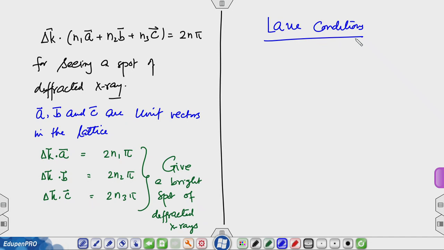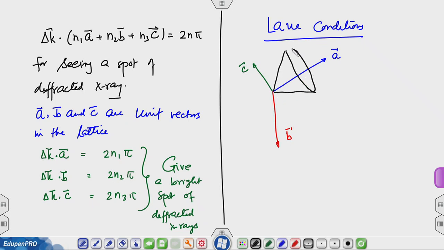What it means is, if I have lattice vector a, lattice vector b and lattice vector c, the condition that delta k dot a is 2 n1 pi is nothing but that delta k lies on a cone, such that its projection on a is 2 n1 pi.